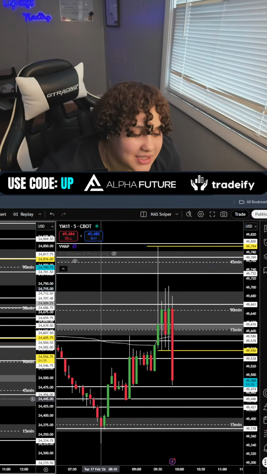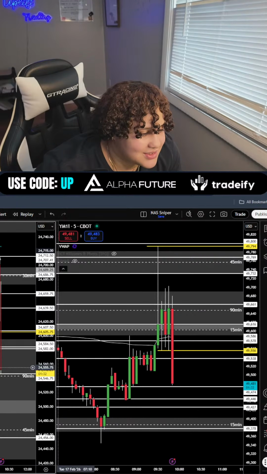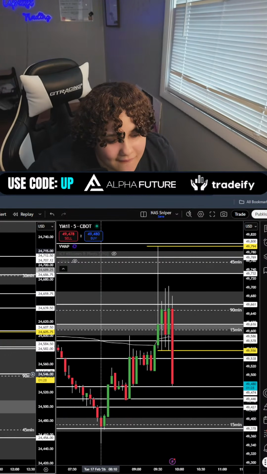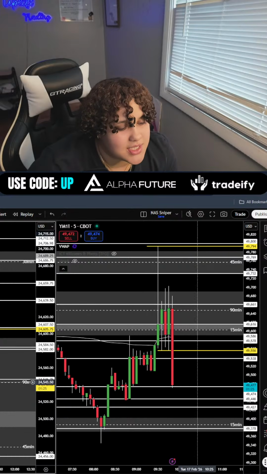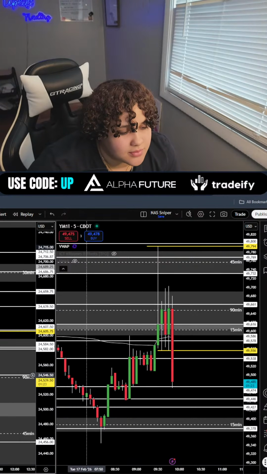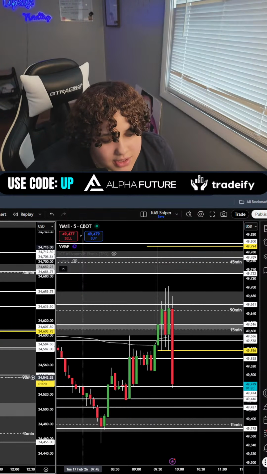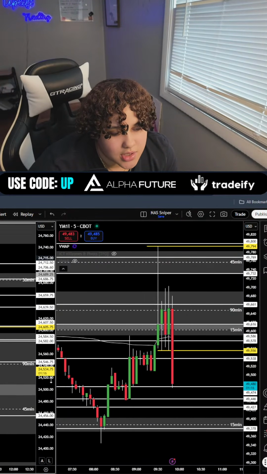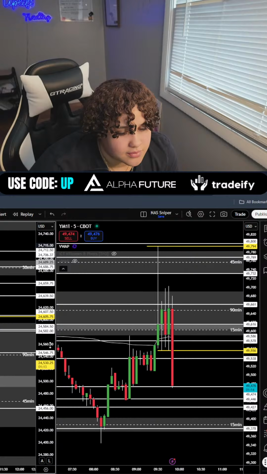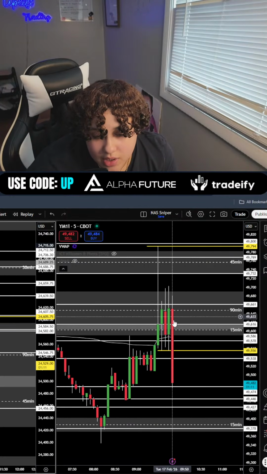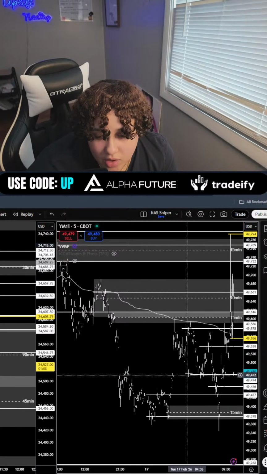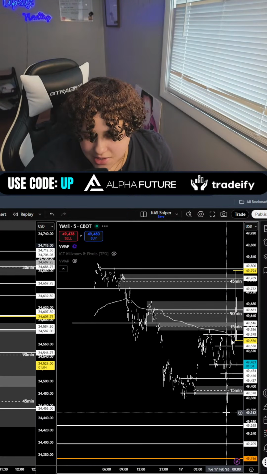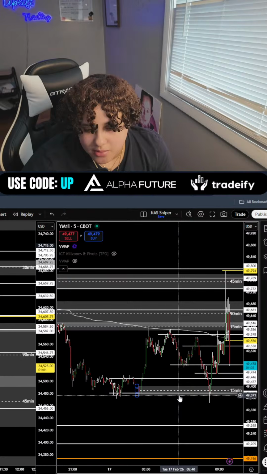These shorts are coming in. We also haven't had a 5-minute candle close below 546. So let's see if it closes below. Like I said, if it closes below 546 around this area here, I think the shorts could continue. The shorts are already going down on US 30, but it just hasn't broken any structure on the bigger time frame.